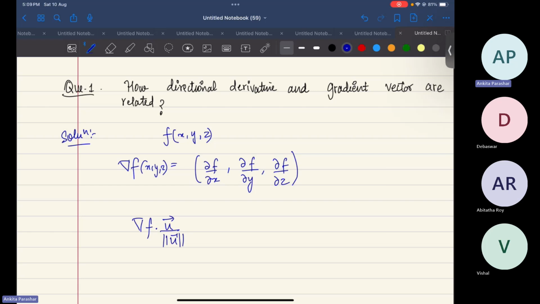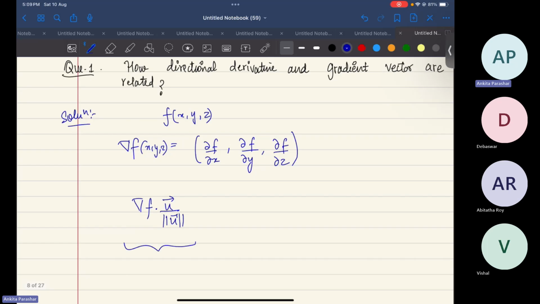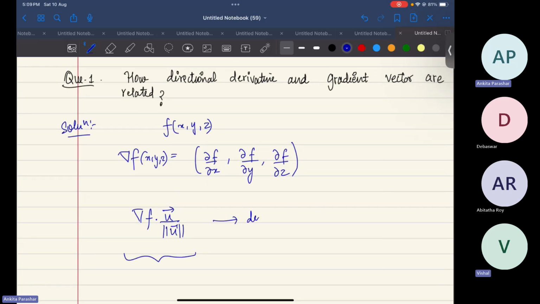It simply says that you have to go in the direction of u, but if I just scale that vector, it will remain in that direction, right?